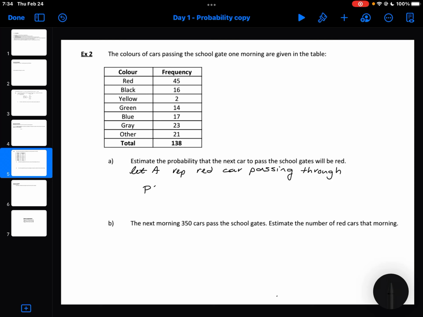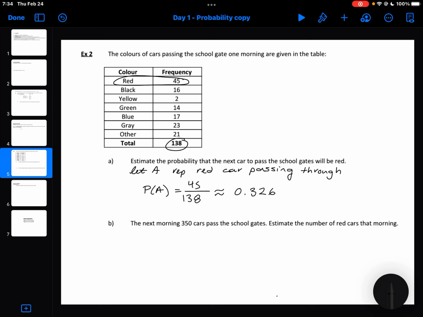We want to find the probability of that event happening, so we need the number of red cars out of the total number of cars that went past the school gate. This gives us approximately 0.326, or about 33%.